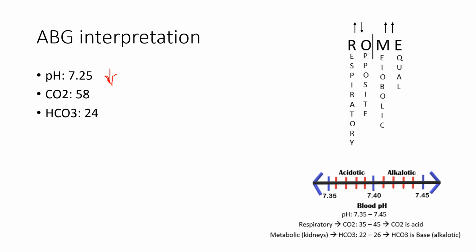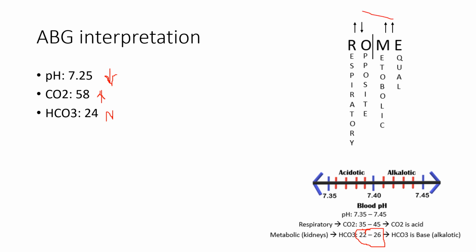It's high. 58 is above 45, so this is high. Our HCO3 of 24. Remember, HCO3 is 22 to 26, so this is in range, right? So I'm going to do an N for normal.